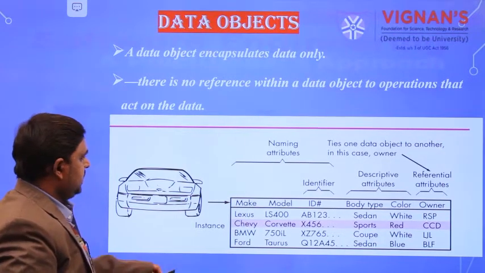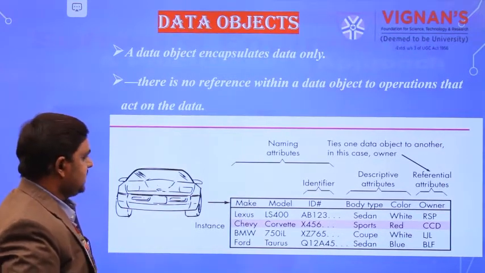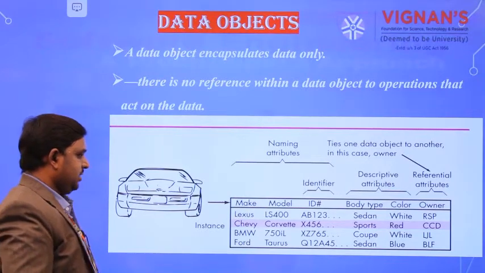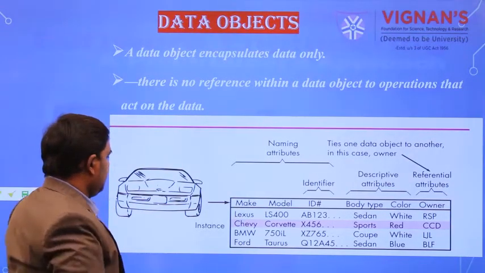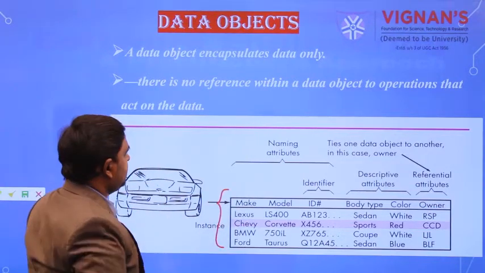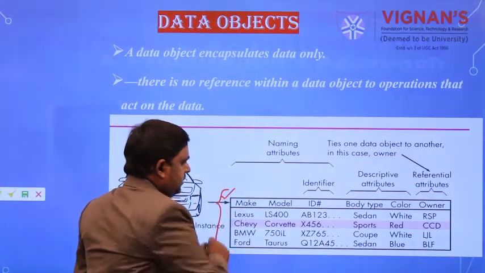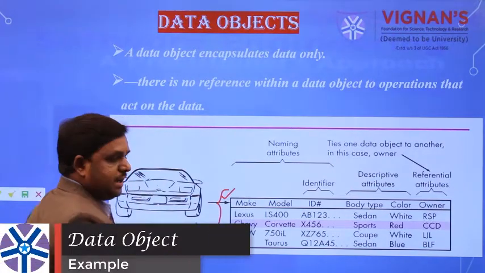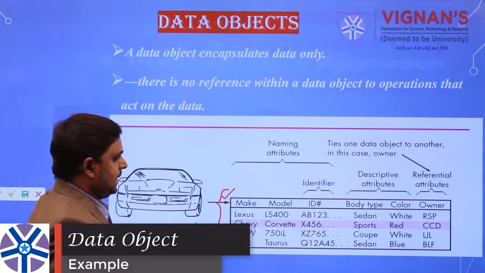For example, if you see this diagram, it is a diagram where we have different attributes. In the heading, we can find attributes like make, model, ID, body type, color and owner.